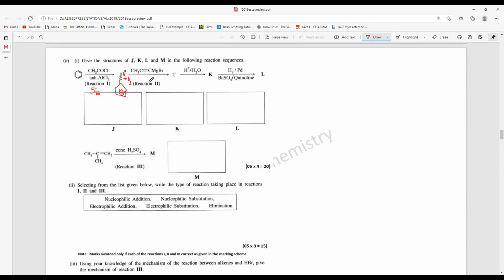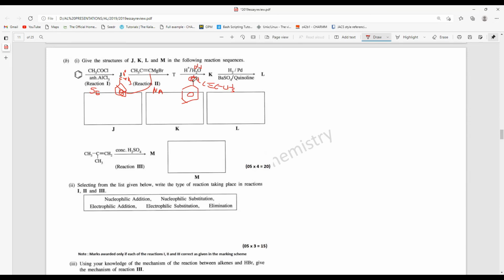This is very common. And when you add this Grignard reagent, it will attack here. So this is a nucleophilic addition, an AN reaction. And when you hydrolyze, it will form the hydrolyzed product. So there will be OH here, and a triple bonded carbon here, and CH3 here.